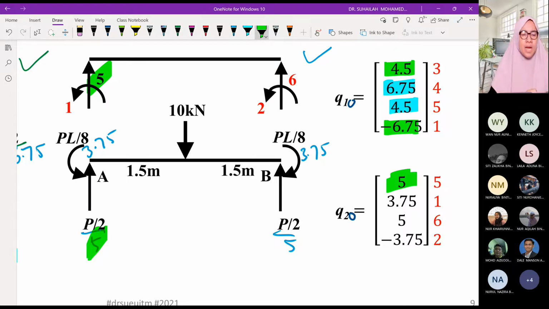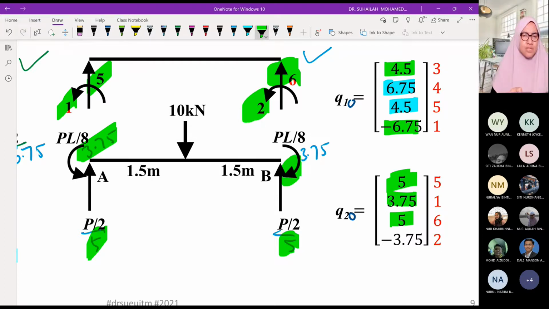Okay, position number 1, it is 3.75. Position number 6, it is 5. Position number 2, opposite direction, it is negative 3.75. So now we have Q1 not, Q2 not for the element.